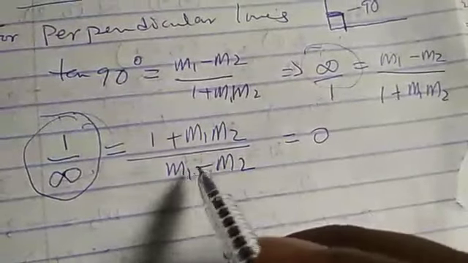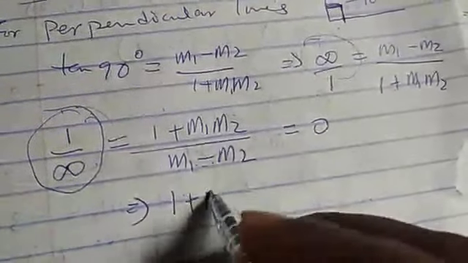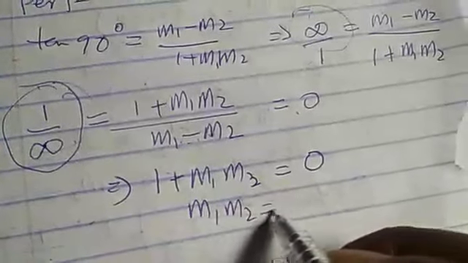From this place, I can cross multiply. Then my answer is 1 plus m1 m2 equals 0. If I cross multiply, we have m1 m2 equals minus 1, or we can say that m1 is equal to minus 1 over m2.